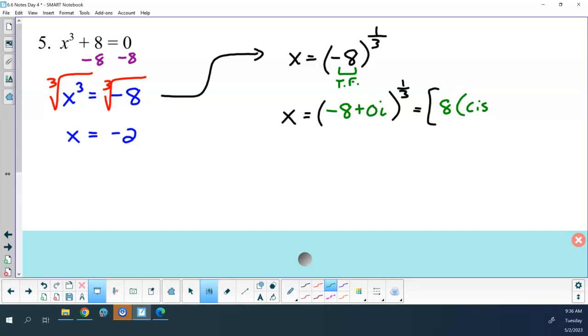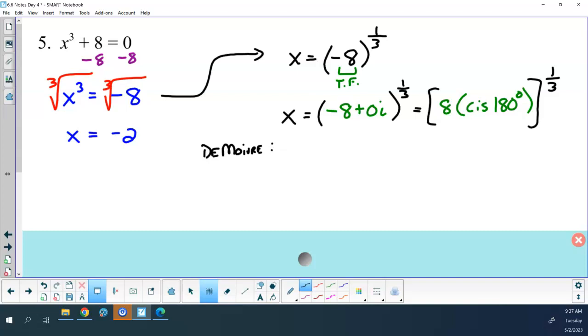Because on the complex plane, negative 8 is straight out to the left, plus 0i keeps me on that axis. So 180 there. And that is still being taken to the power of 1/3. What does de Moivre tell us we can do now?